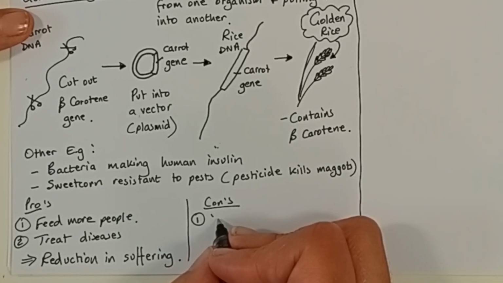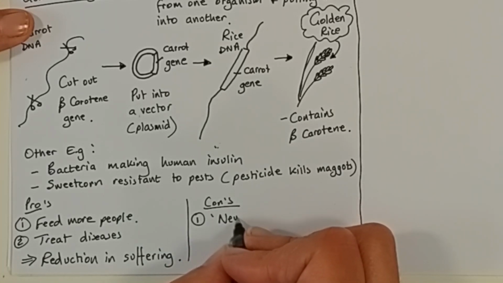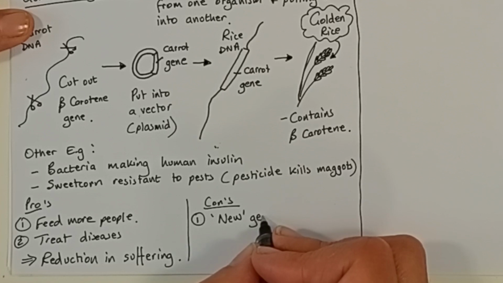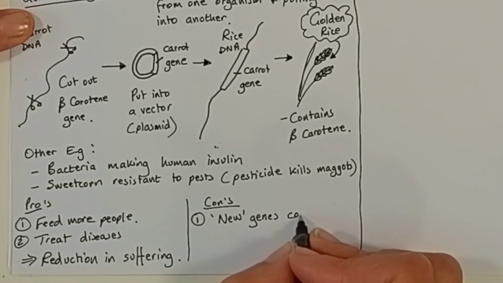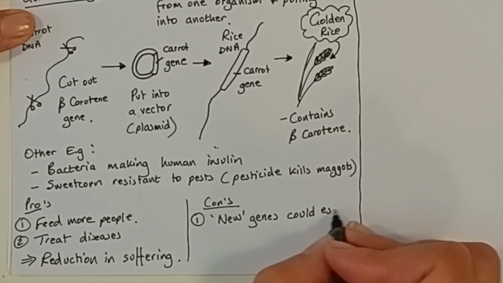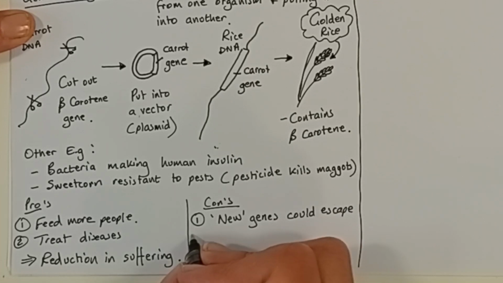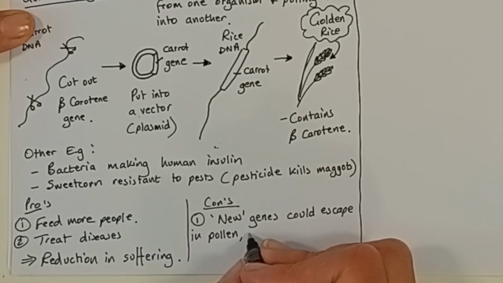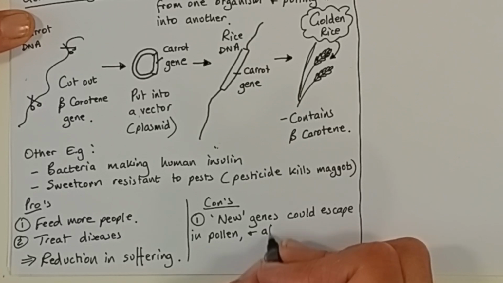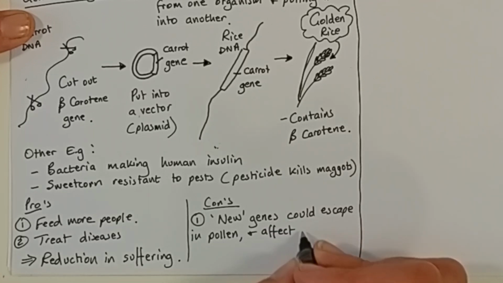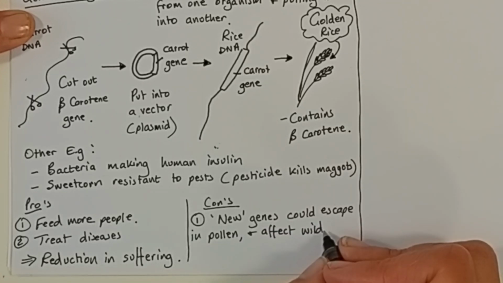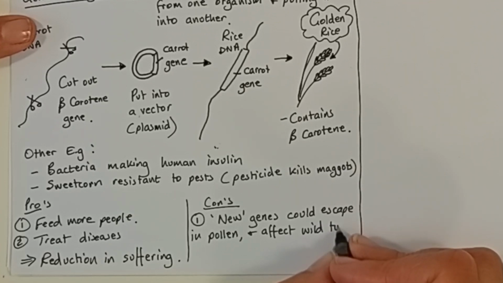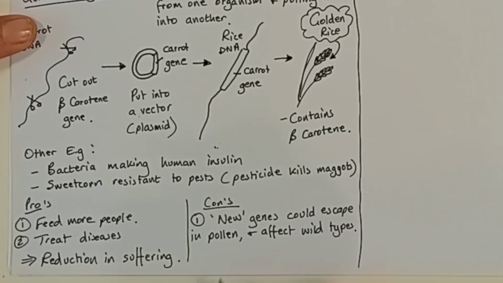So the genes could escape. So the new gene or the transferred gene could escape in pollen and affect wild types. So wild plants, but also wild insects. And also we don't know the long-term effects.